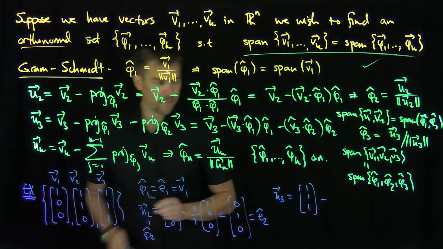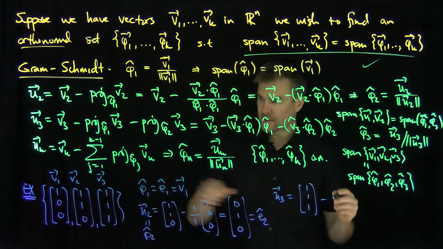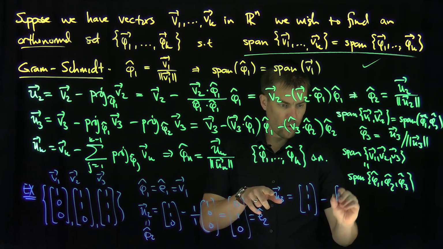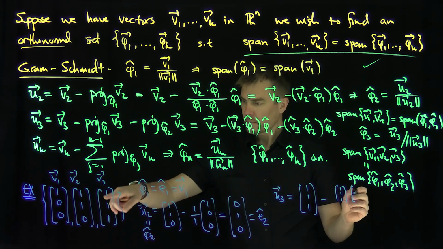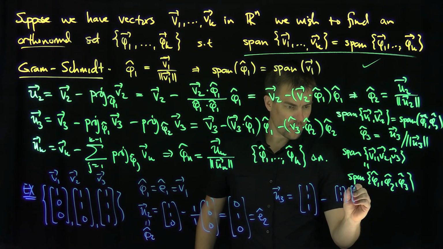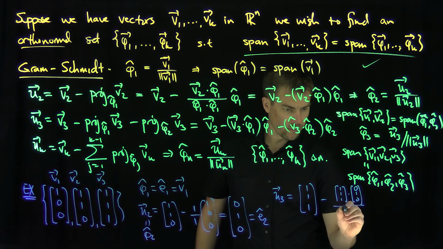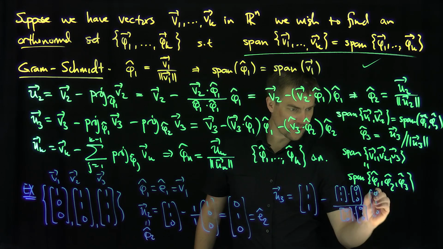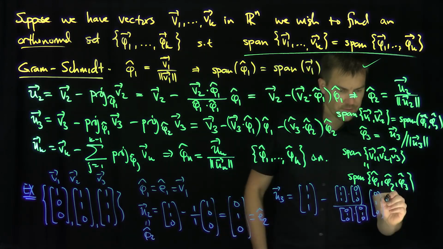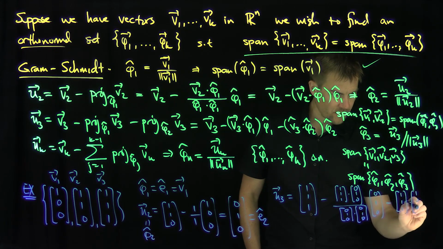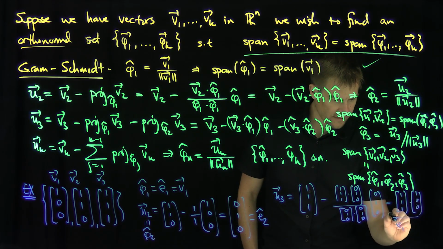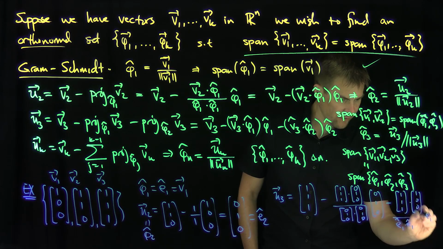So it's going to be minus the projection of this vector, 1, 1, 1, dot the phi 2, which is e2, 0, 1, 0, over 0, 1, 0 dot 0, 1, 0, in the direction of 0, 1, 0. And then the same thing with the phi 1, right? So that's going to be minus 1, 1, 1 dot 1, 0, 0 over e1 hat dot e1 hat, in the direction of e1 hat.